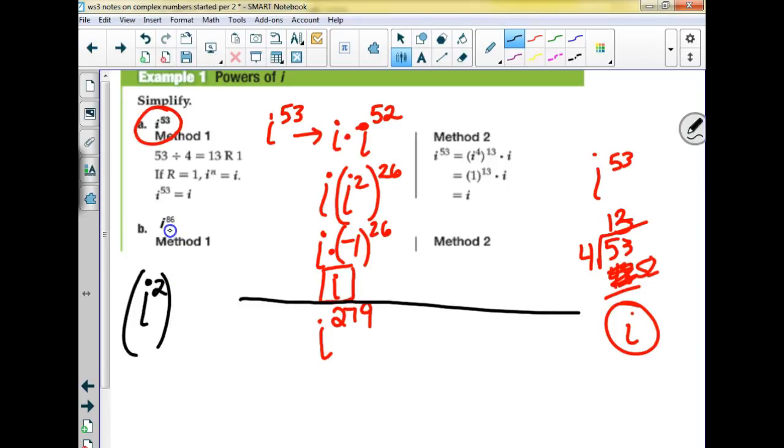It was an 86. I want to divide it by 2. Everybody good that 2 times 43 would be 86? And what is i squared? Okay, -1 to the 43rd power. Well, a negative number an odd number of times is going to be negative, and 1 times anything is 1, so we get -1.